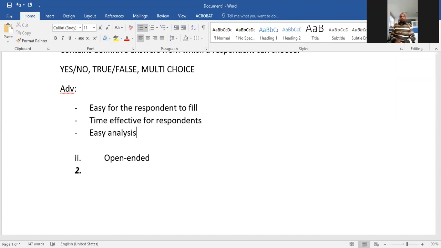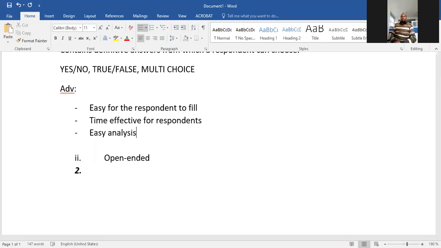For instance, you have a question in your questionnaire like, how effective are the library services of ZTech University? You would have choices like very poor, poor, moderate, good, very good, excellent. So basically, a respondent will just tick one of those.